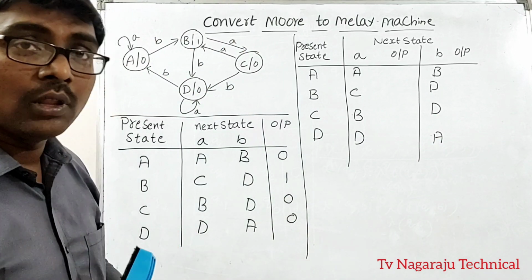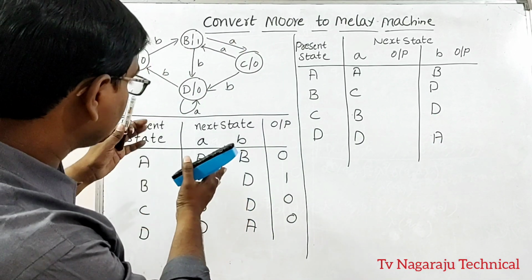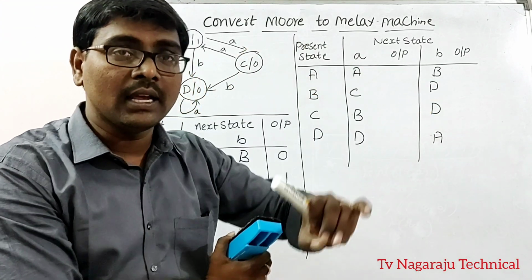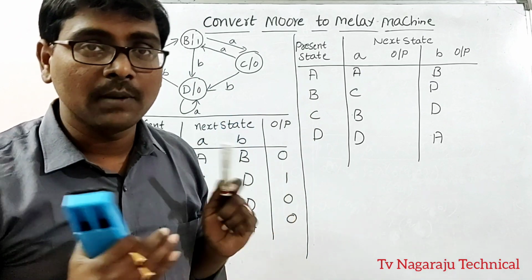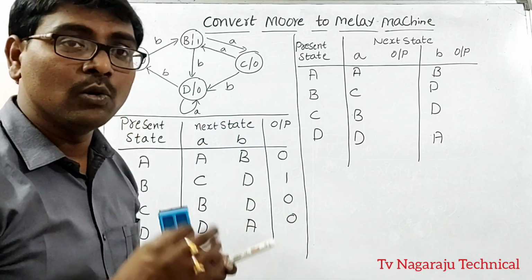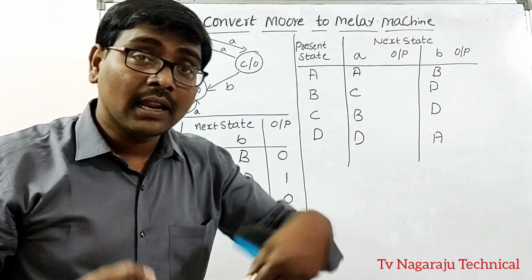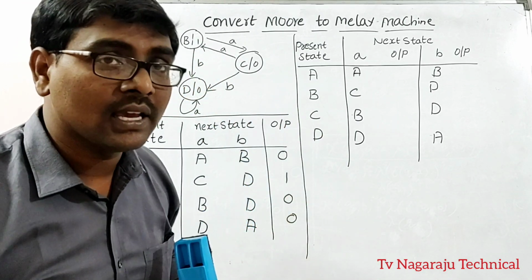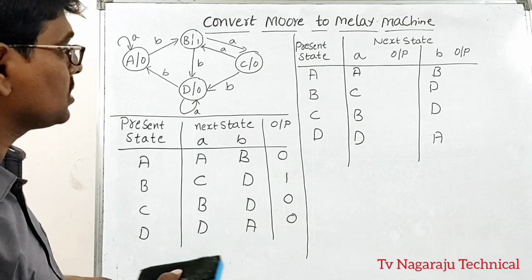Now I will write down the outputs. Simply by observing the diagram, you can directly write the output, or else you can use the step-by-step procedure. First I will write down the output directly. Later I will move to the step-by-step procedure and then we will compare both the cases.